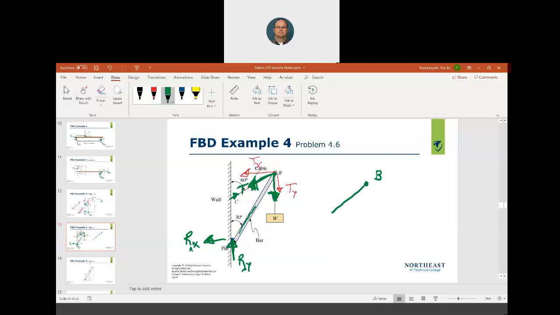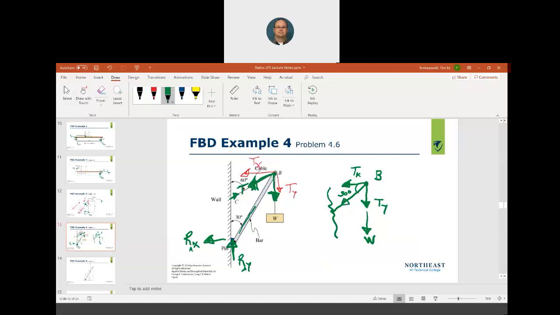So I can make a concurrent force system here: Tx, Ty, and then I also have my W, right? And then I know this will be 30 degrees, by knowing my weight. So I'm just kind of pretending I'm cutting that. That's my free body diagram.